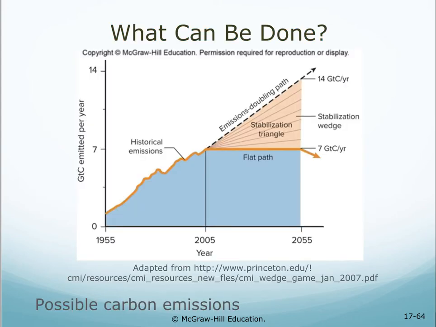Possible carbon emissions through the mid-century. If emissions do not increase, they would follow the flat path. However, at current trends, it is more likely that we will follow the emissions doubling path. The difference in carbon emissions for these two scenarios is represented by the stabilization triangle.